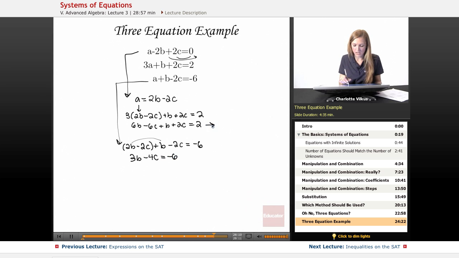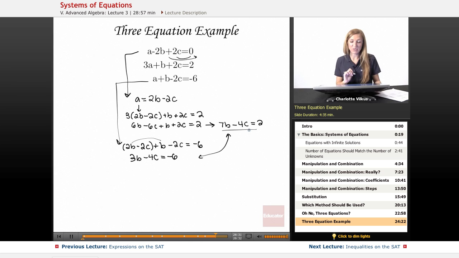And here, when we combine like terms, I'm going to get 7b and then -4c equals 2.